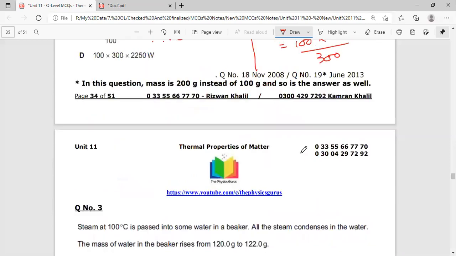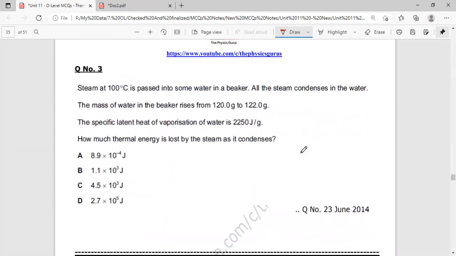Move towards the next MCQ, and this will be the last MCQ of this topic. Steam at 100 degrees Celsius is passed into some water in a beaker. All the steam condenses into the water, which means a condensation process is there.